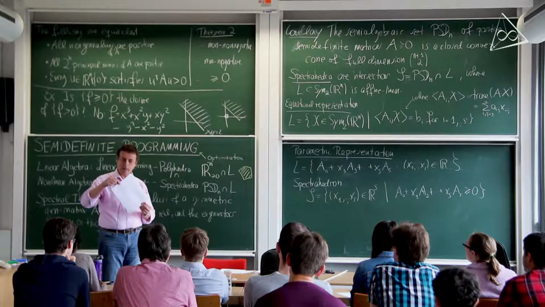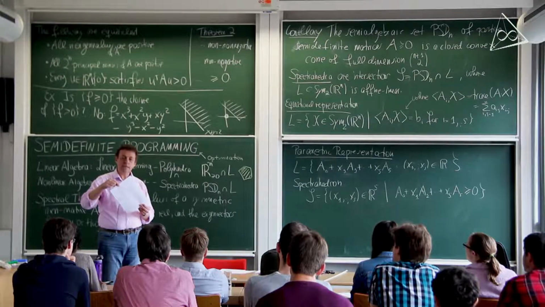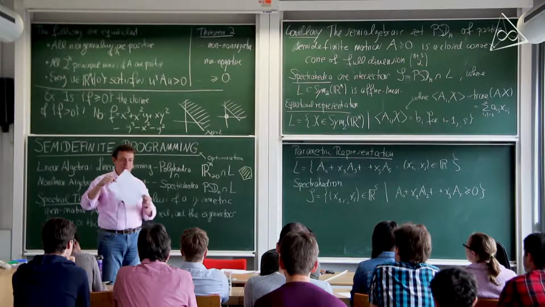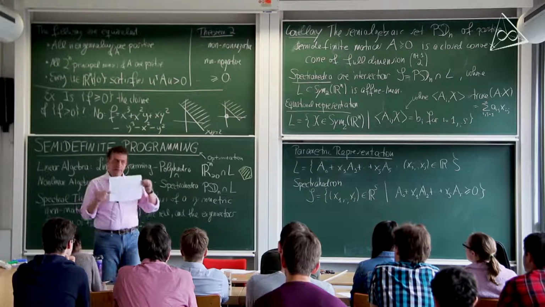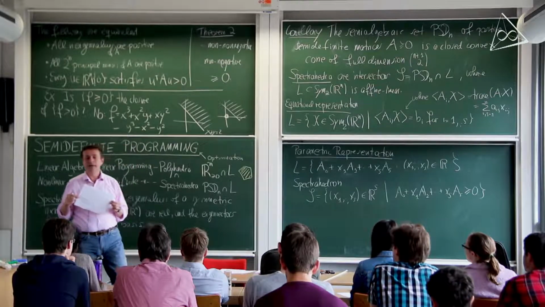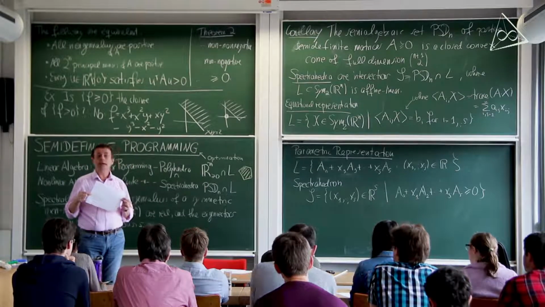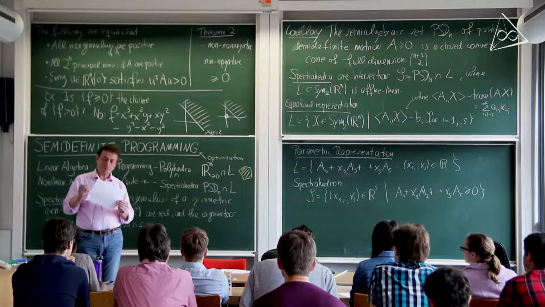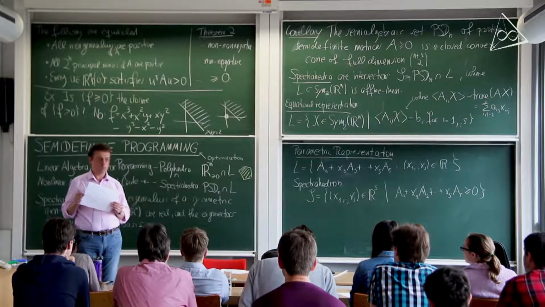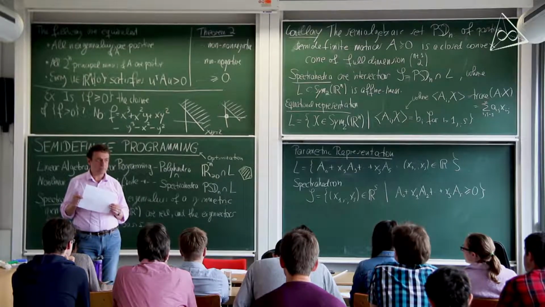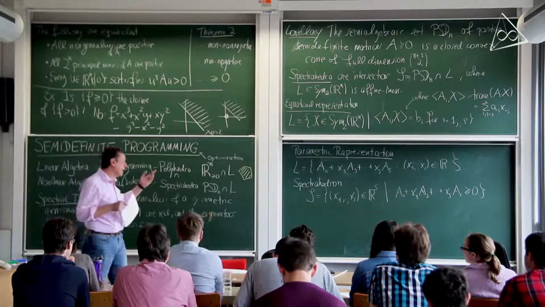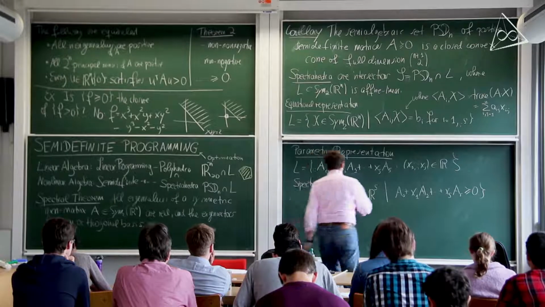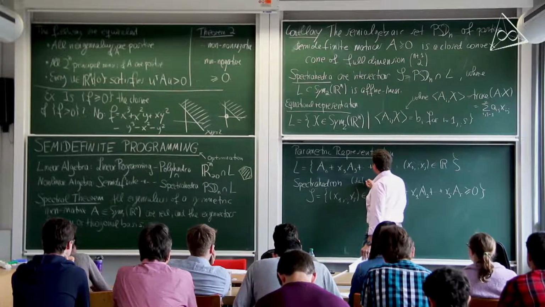Namely, I take a two-dimensional linear plane and intersect it with the non-negative orthant in R^4. That makes these four coordinates x_1, x_2, x_3, x_4. That's the standard representation in linear programming, and here we're doing exactly the same. So this is our spectrahedron. The engineers call this an LMI.